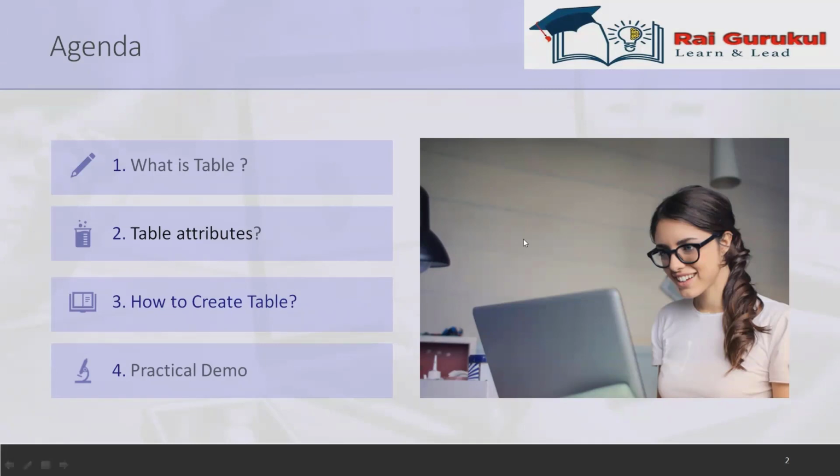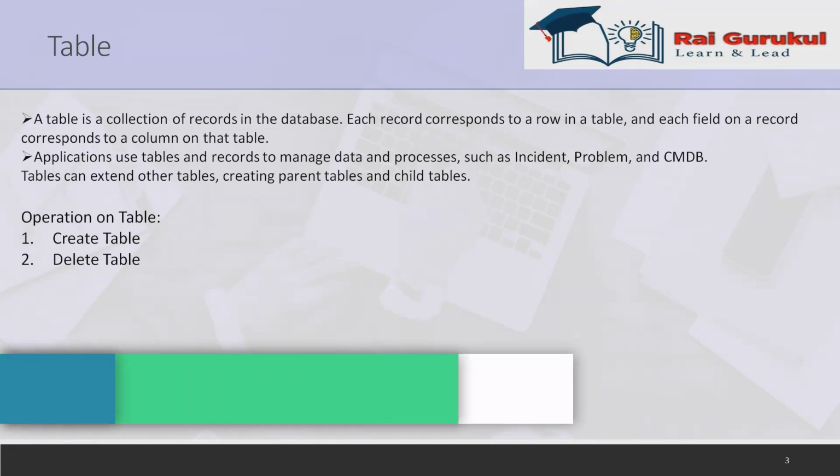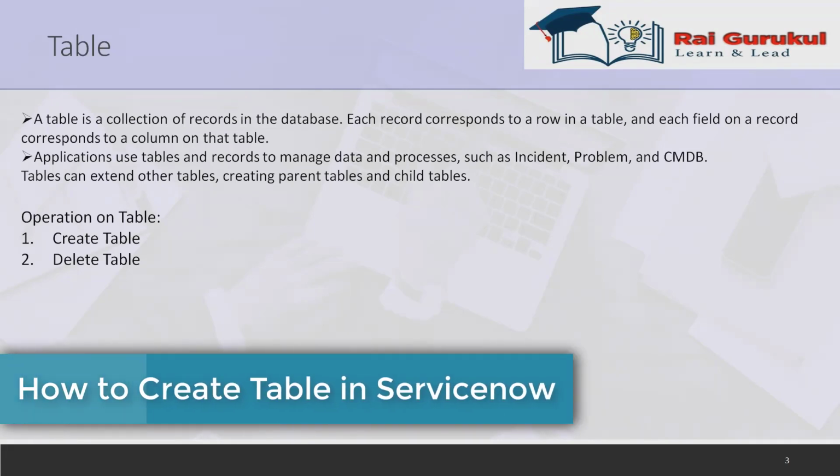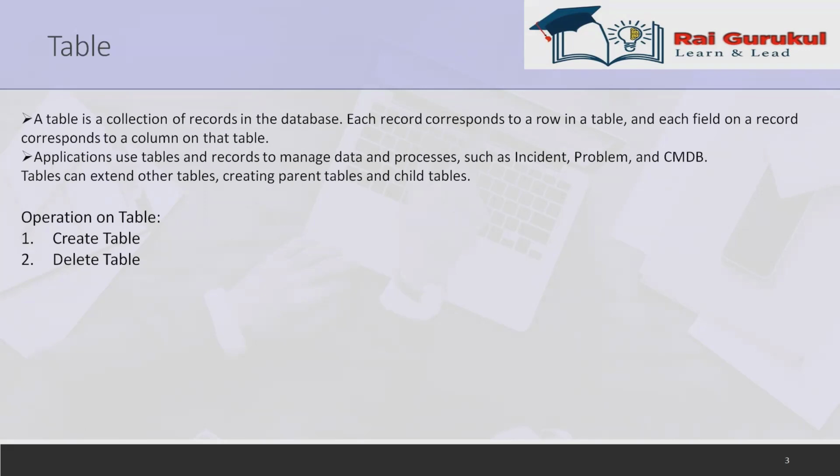A table is a collection of records in a database. Each record corresponds to a row in a table and each field on a record corresponds to a column in that table. Applications use tables and records to manage data and processes such as incident, problem, and CMDB.